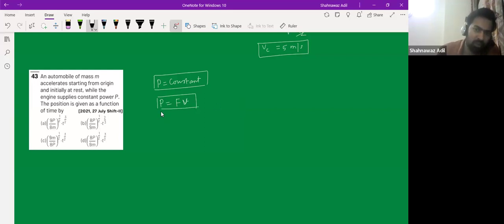This is constant, and you know how velocity is related with everything, and how acceleration is related with everything. So you have to find out the position, x.